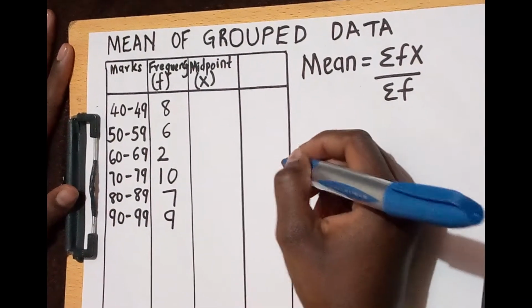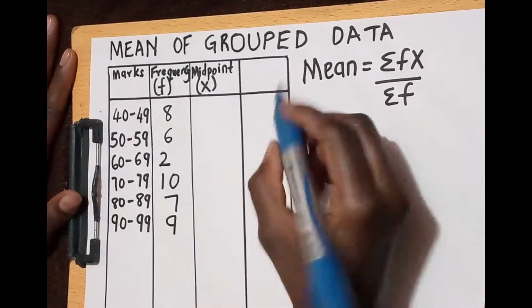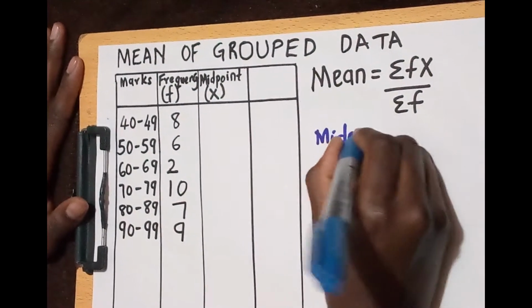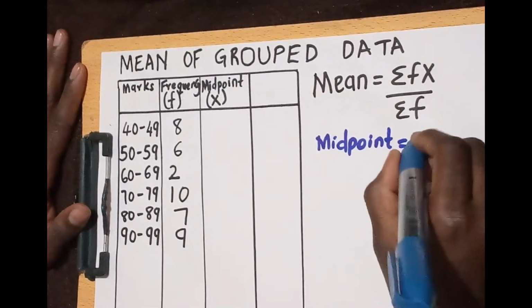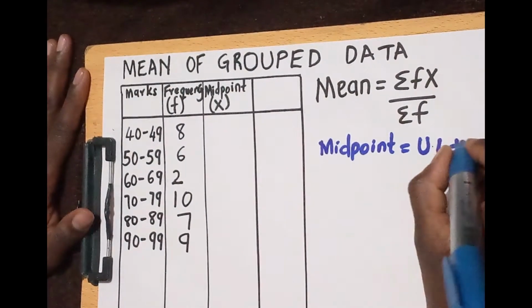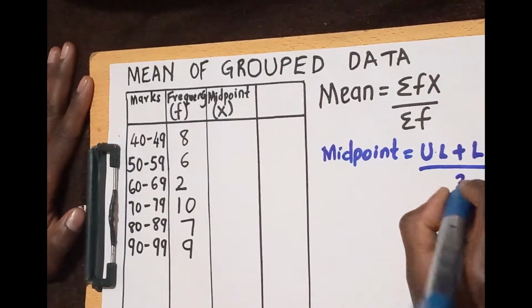How do you get the midpoint? In this case, for instance, the first one, we shall do midpoint is equivalent to the upper class limit plus the lower class limit divided by 2.